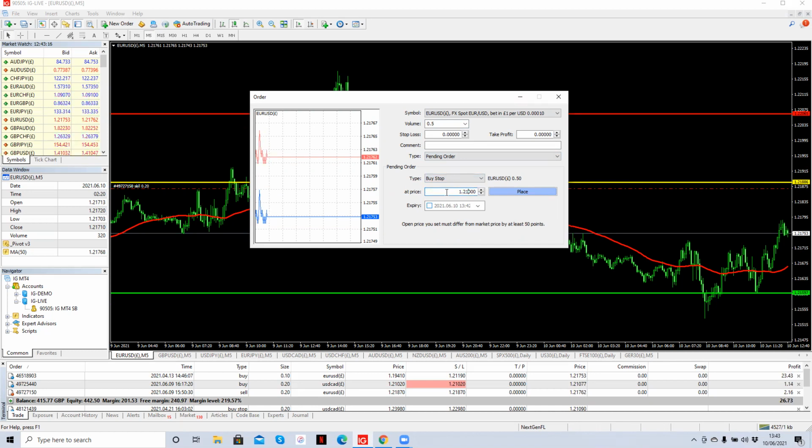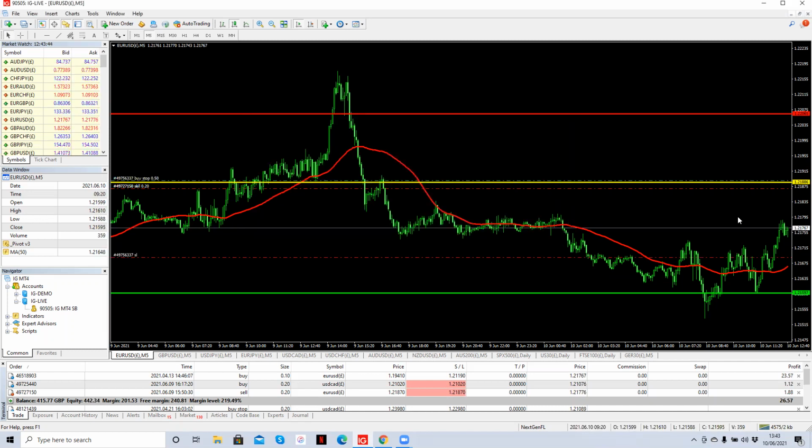Entry 1.2189, 20 pips stop loss, 1.2169, and 60 pips profit limit, just getting out the calculator, that will be 2189 plus 60, so that will be 2249, so 1.2249. So there we are, we've got the pending buy order.